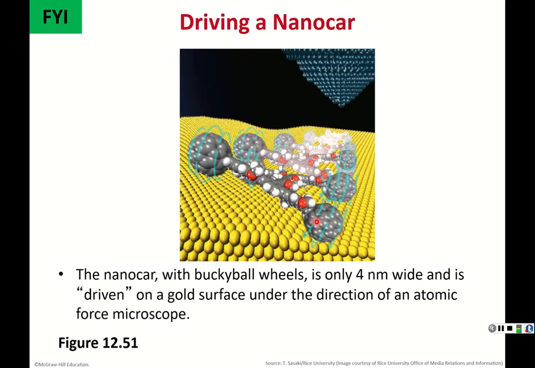They attached that to some other hydrocarbon scaffolding, and they were able to drive it across a gold surface with the wheels actually turning on the surface of the gold, and direct it with the atomic force microscope. So that's kind of crazy, the amount of technology in materials chemistry. It's pretty mind-blowing.